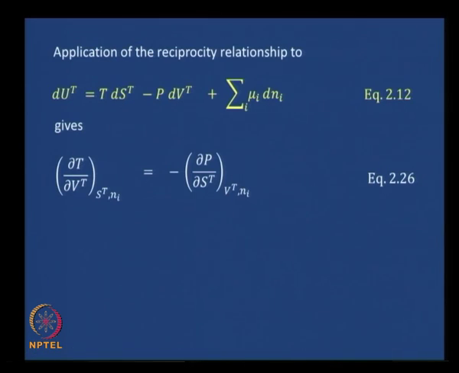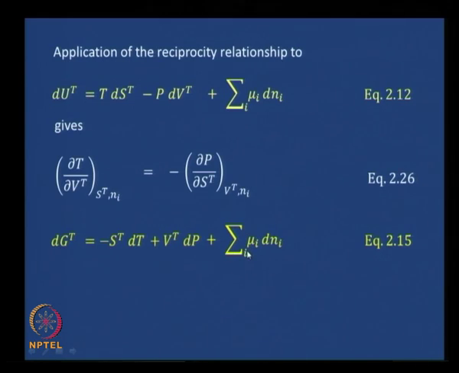Let me show this a few more times so that it becomes simpler to remember. Let us consider the next relationship, dGt equals minus St dT plus Vt dp plus summation of mu i dni, as we have already seen in equation 2.15.